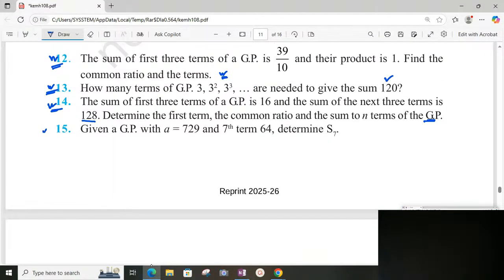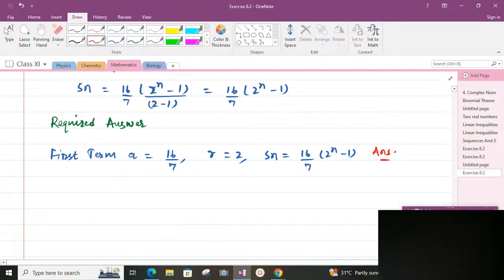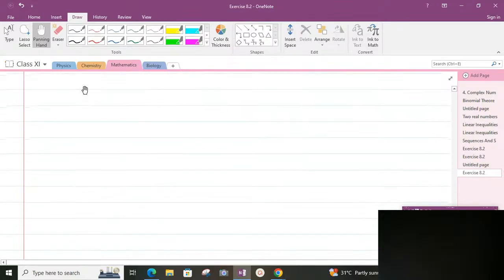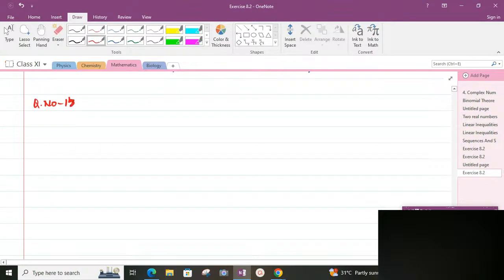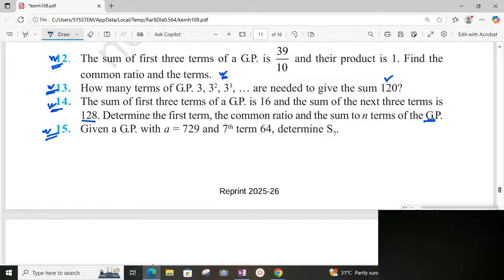Let's see the question number 15. So see here, from the question it is clear that A is given, A7 is also given, and it asks us S7.